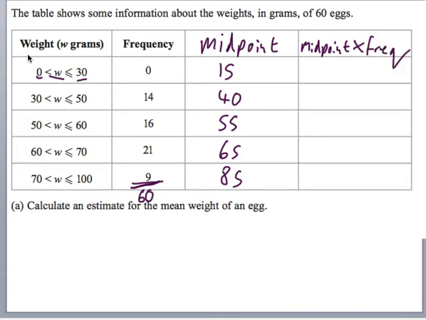I know that there are 0 eggs that weigh between 0 and 30 grams, so I multiply 0 by 15, which gives me 0.